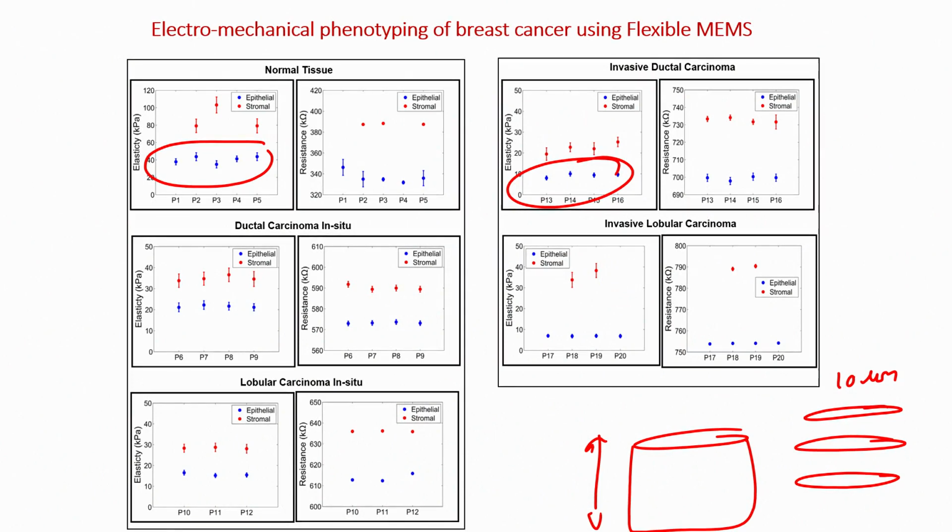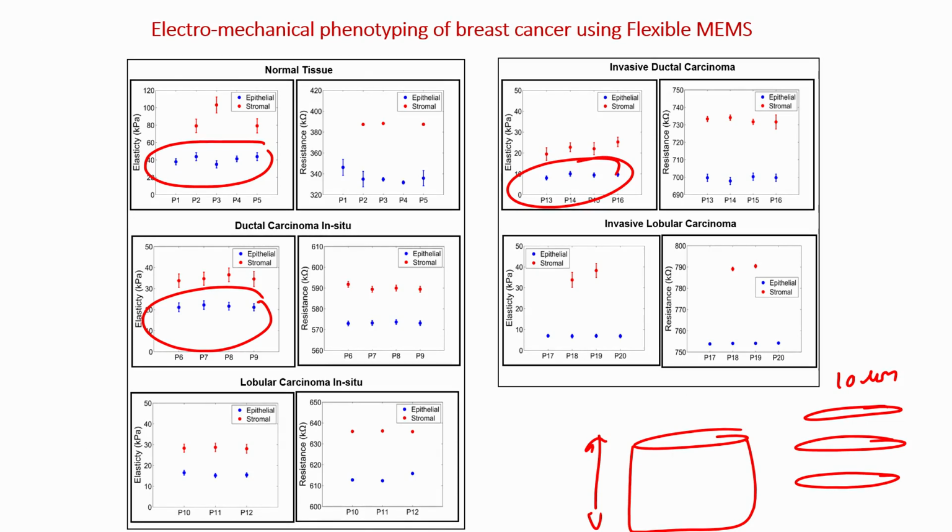This is for the epithelial region. And DCIS is somewhere in between the invasive ductal carcinoma and normal tissue.